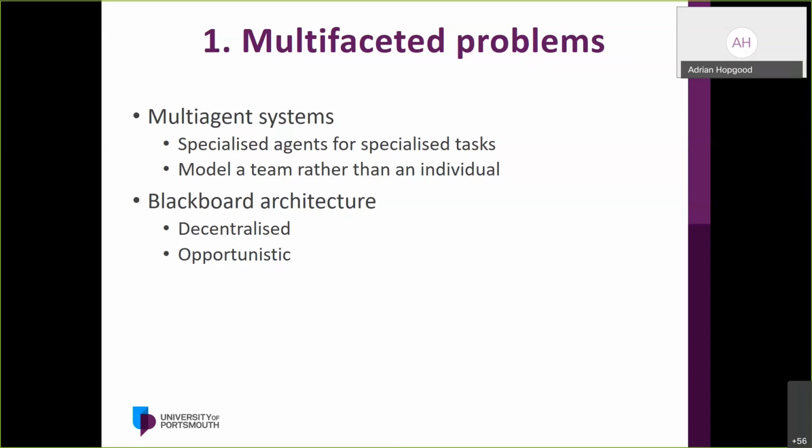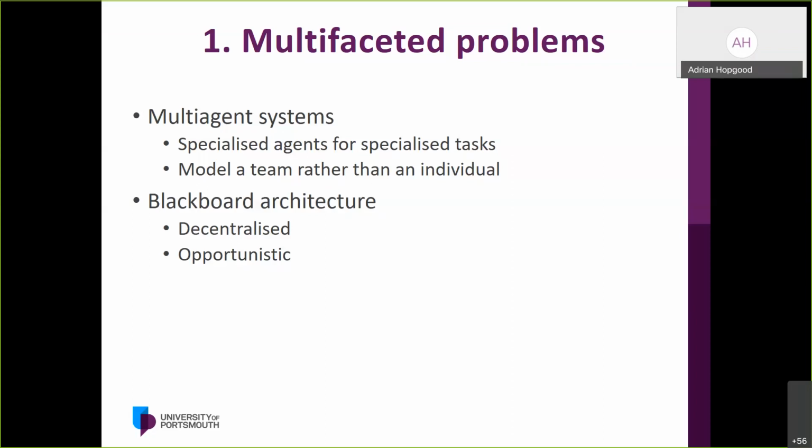So when you look at the overall broad problem, you're effectively modeling a team rather than an individual. Remember, the definition of AI at the start was about mimicking human behavior, but in the case of multi-agent systems, you're perhaps mimicking a team of humans working collaboratively.